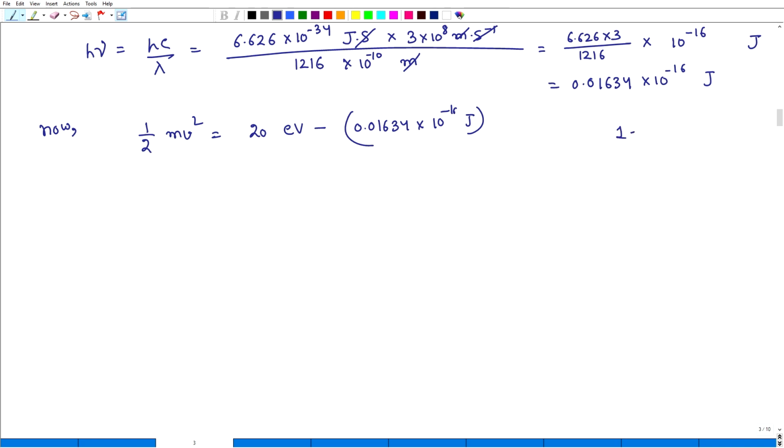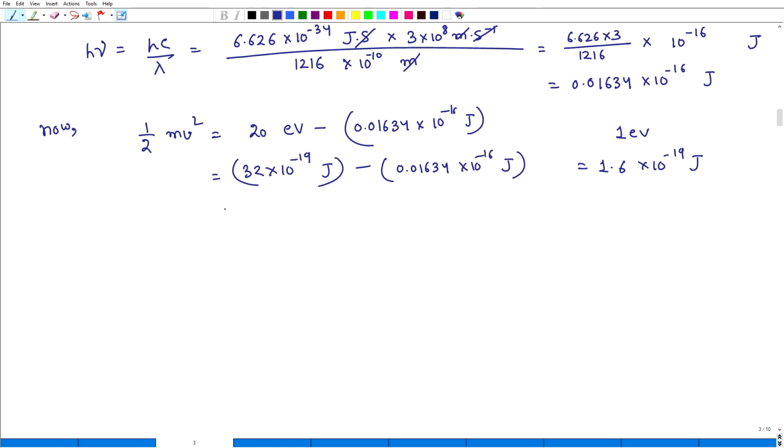Now 1 electron volt is 1.6 into 10 to the power minus 19 joule. Here 20 is multiplied with this, so 1.6 into 20 means 32. So 32 into 10 to the power minus 19 joule minus 0.01634 into 10 to the power minus 16 joule.